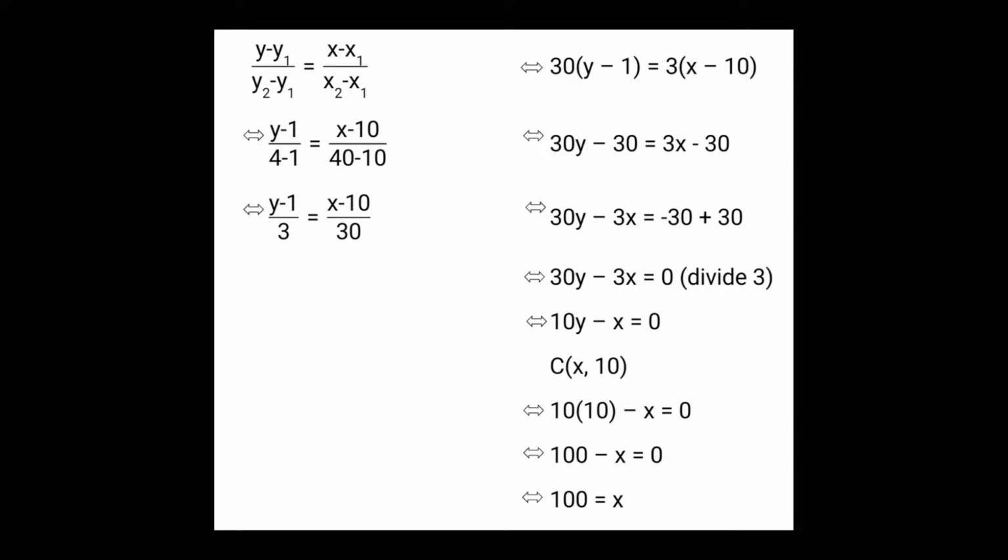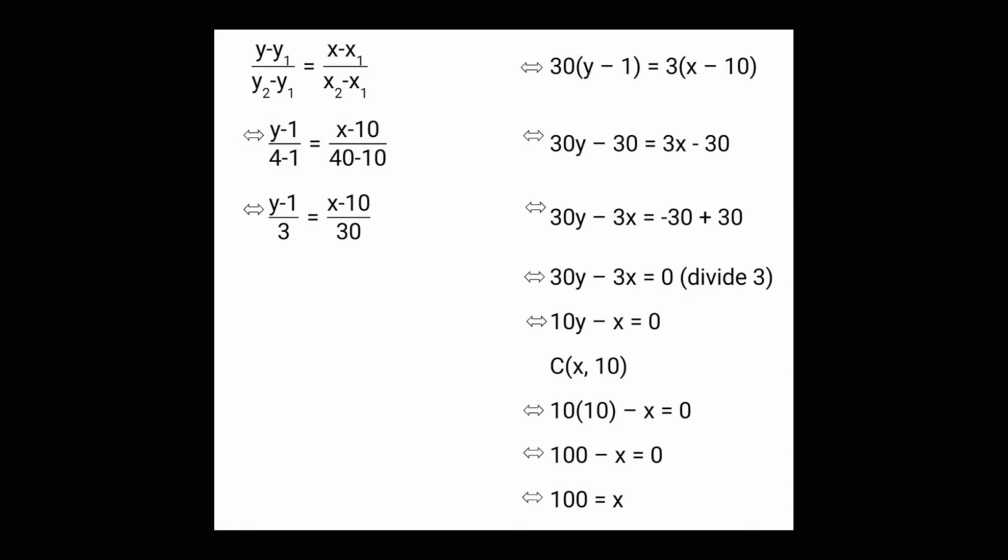So, the equation is (y minus y1) divided by (y2 minus y1) equals (x minus x1) divided by (x2 minus x1), equals (y minus 1) divided by (4 minus 1) equals (x minus 10) divided by (40 minus 10), equals (y minus 1) divided by 3 equals (x minus 10) divided by 30.